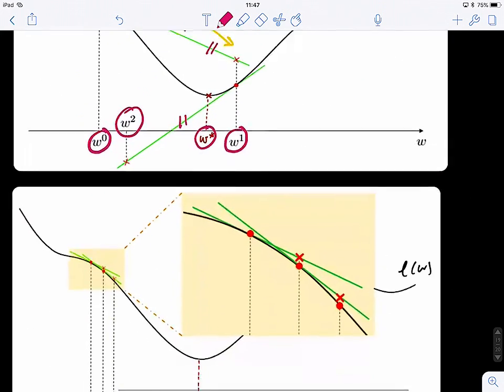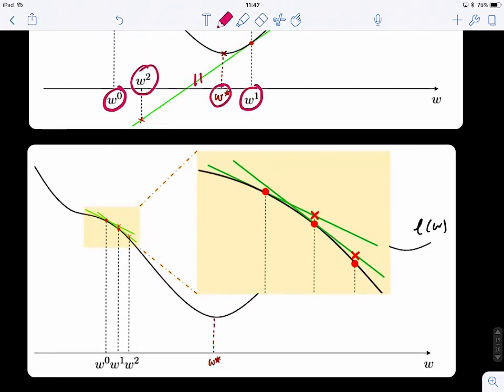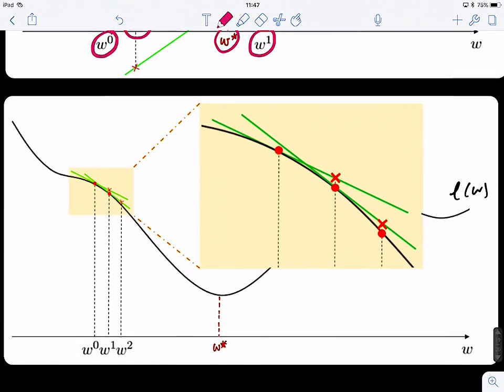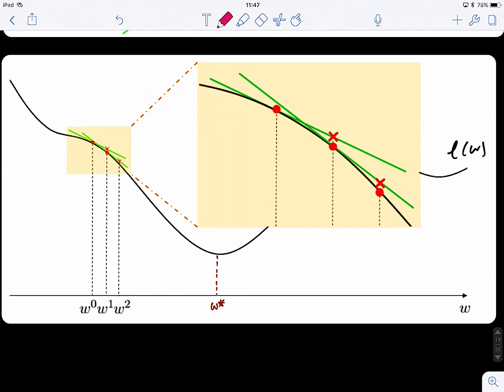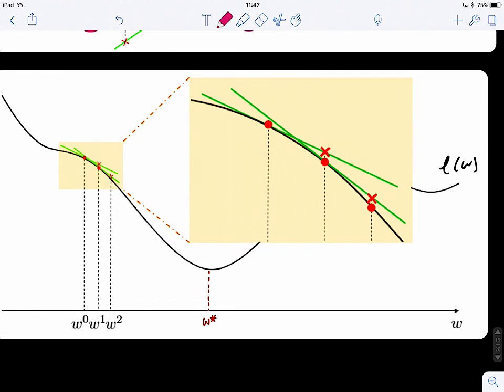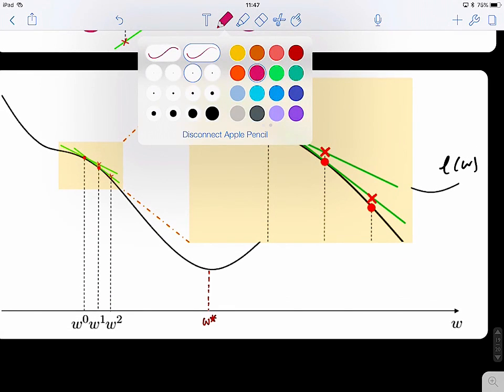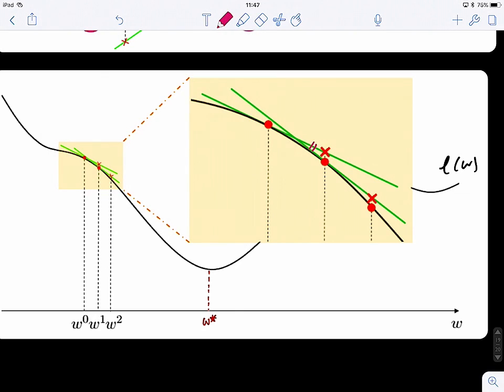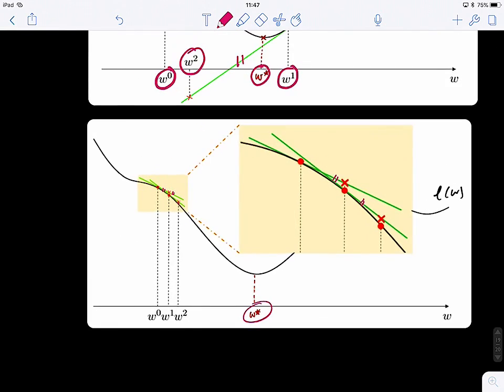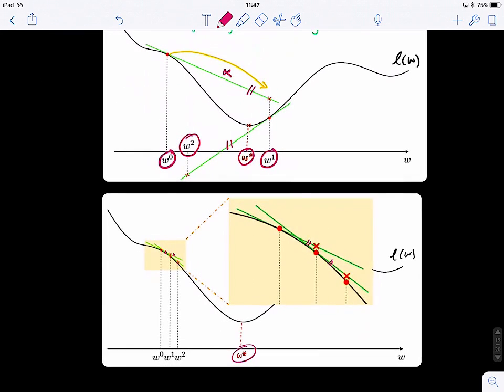Now, if you look at this one, the second case, we have a small alpha. You can see it's very small, like the length we're taking for our steps is quite small. So you might spend a long time to reach the minimum. So that's not really good. So the alpha is quite a problematic parameter, but generally what you can do is test a few values here and there.